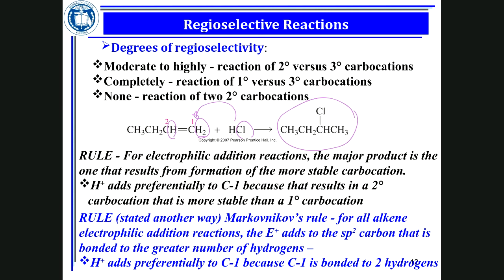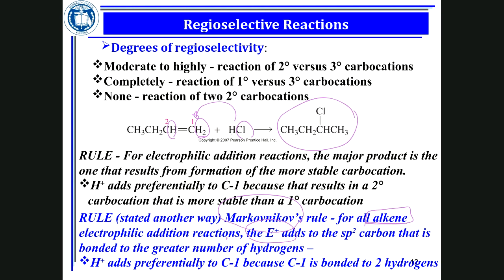This product is known as the Markovnikov product, or the rule is Markovnikov's rule. Based on the Markovnikov rule, for all alkenes in an electrophilic addition reaction, that means the electrophile comes in first. That's all it means.